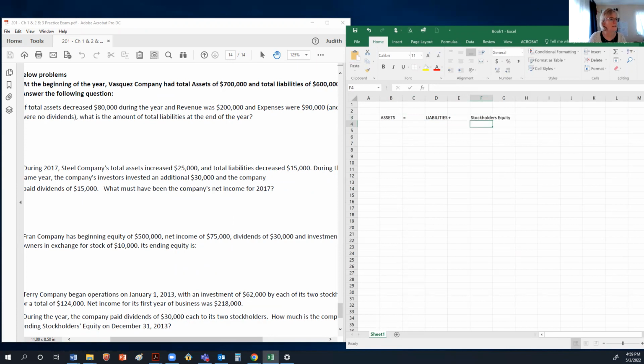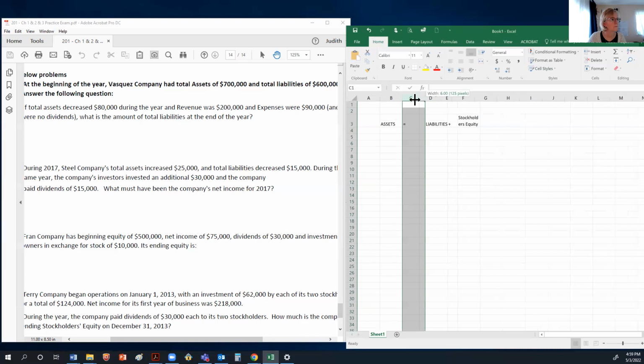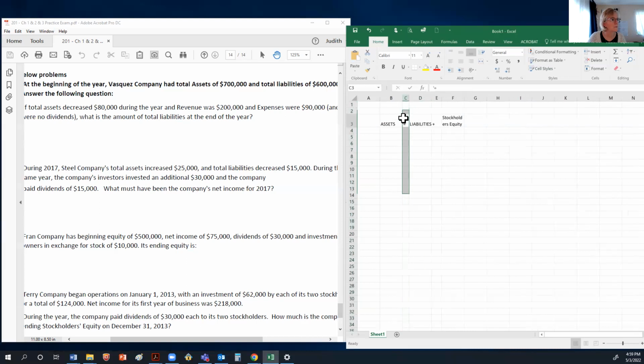All right, so I set this up as the accounting equation, okay? And I say, assets equals liabilities plus stockholders' equity. And I'm going to abbreviate beginning of the year.